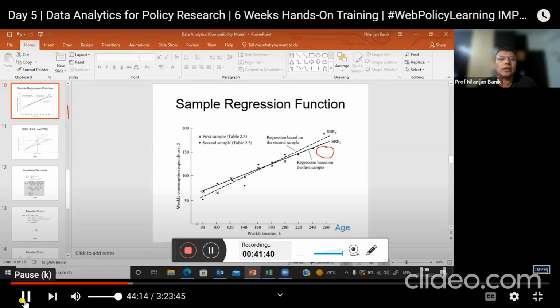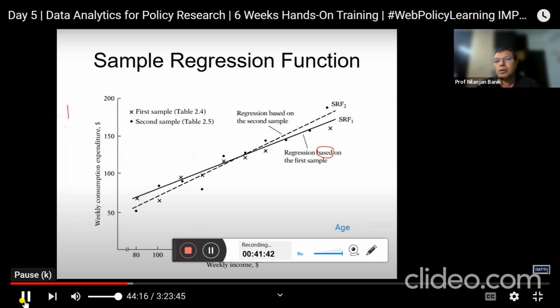Okay, so again taking from your book, what you have here is I have drawn the regression function, but only for two cross sections.